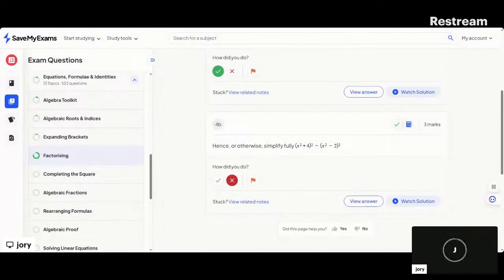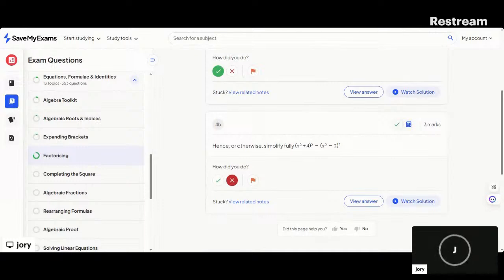It's going to be x squared squared, so x to the fourth, plus 2ab. So (a plus b) squared is a squared plus 2ab plus b squared.